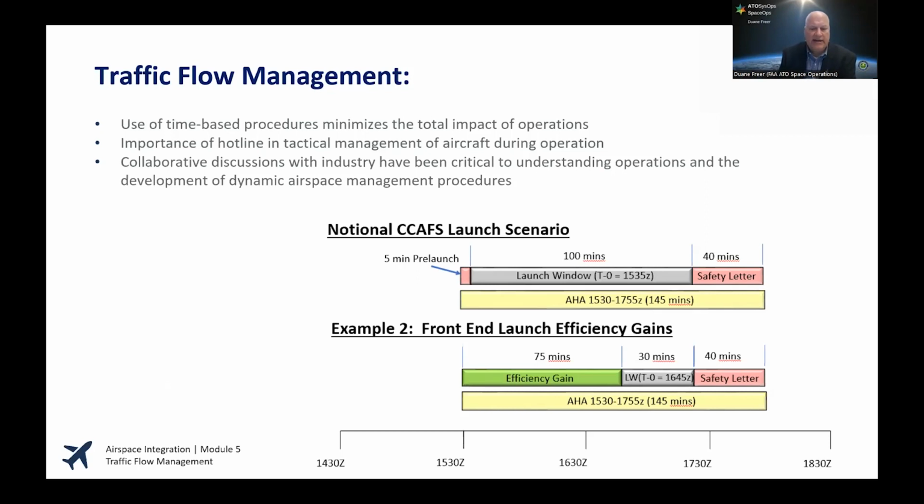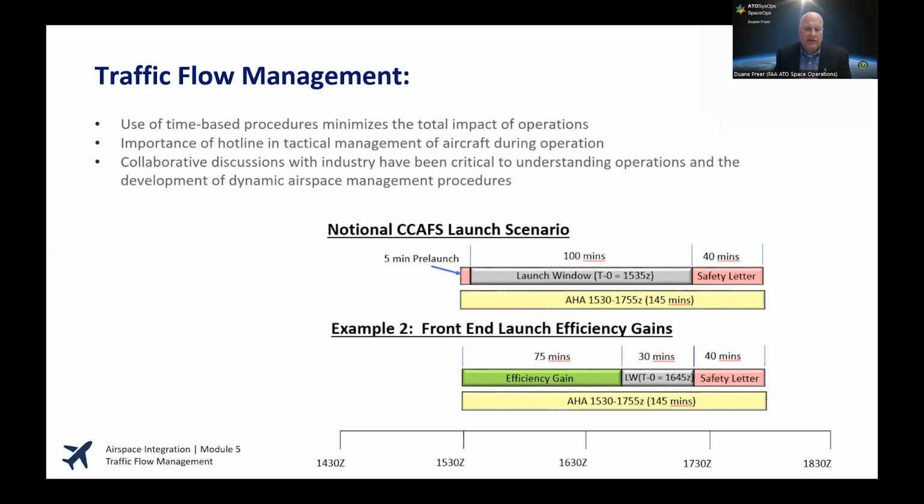And then the safety letter time at the end, that red box at the end, is a 40-minute debris fall time. So when you add a 5-minute pre-launch buffer, you add the launch window, and then you add the debris fall time, you wind up with a 145-minute long hazard area. Where we're trying to gain efficiency is both on the front end of that mission and also on the back end of the mission.